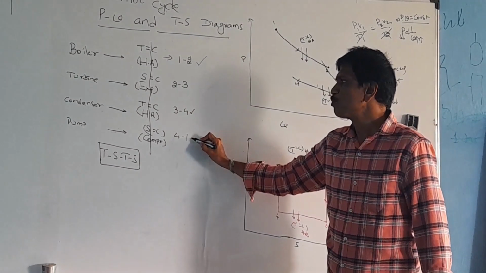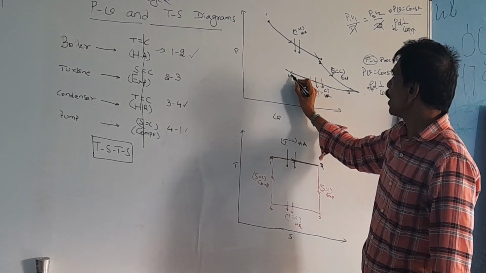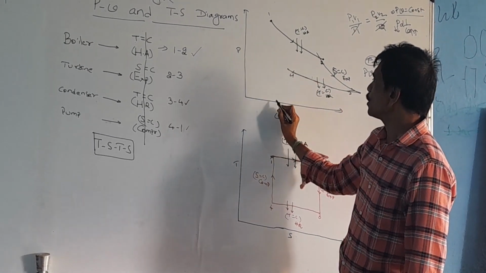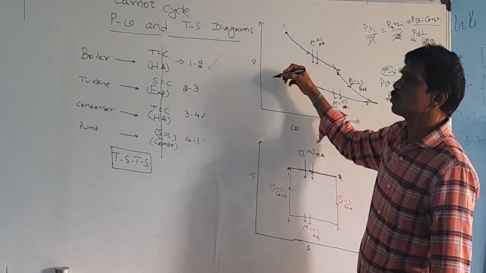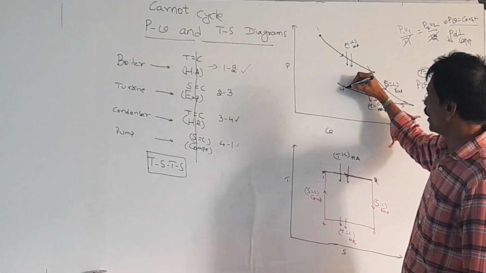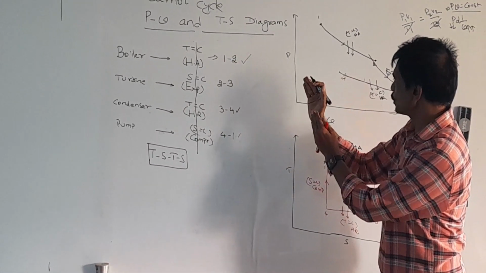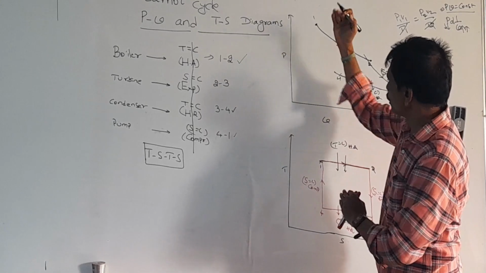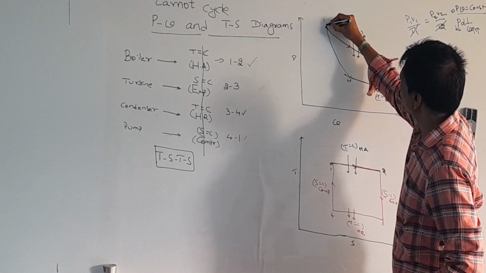Later 4 to 1. 4 to 1 is a compression, that is isentropic compression. Constant pressure horizontal, constant volume vertical, other than this curved line. Compression means volume decreases and pressure increases. So you have to draw the curved line upwards.